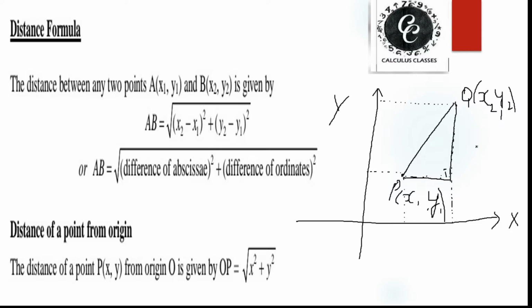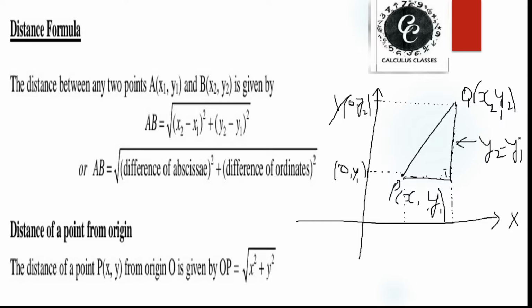This point will be 0 comma y2, and this point will be 0 comma y1. So this distance along the y-axis will be y2 minus y1.